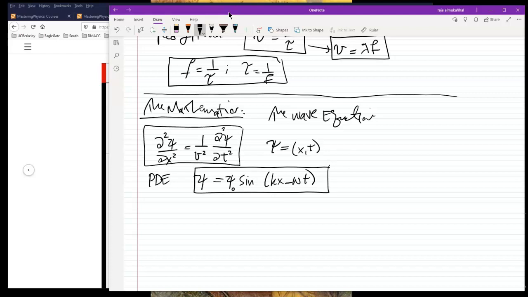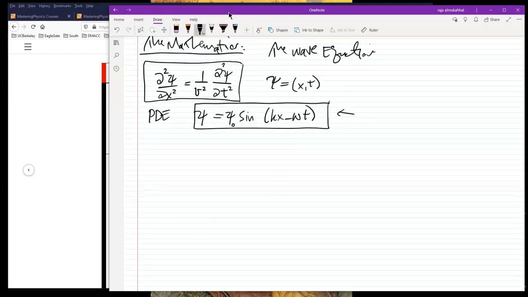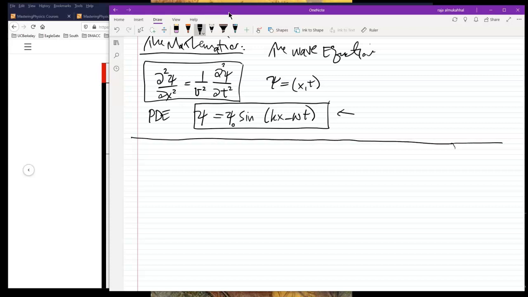The left-hand side and the right-hand side will be equal to each other. Here psi naught is the amplitude of the wave, k is the wave number, and omega is the angular frequency. Our book immediately begins with an equation similar to that without going through all of that. I'm telling you this just to show you where the displacement function came from. It came from this partial differential equation.